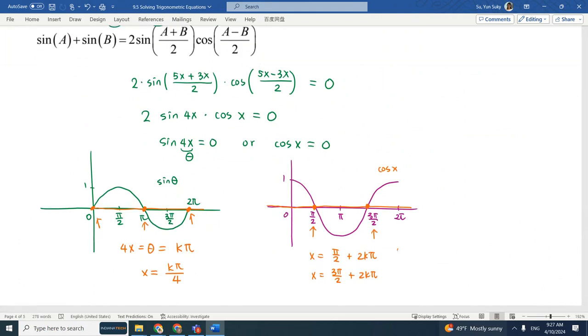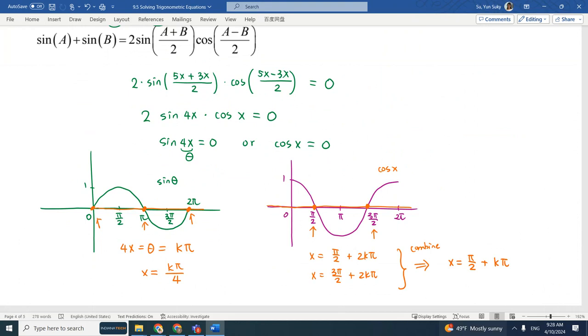But actually, you can combine them and put x is pi over 2 plus k pi. Why? Do you see that 3 pi over 2 is actually pi over 2 plus pi? So you can combine them and only get this expression.